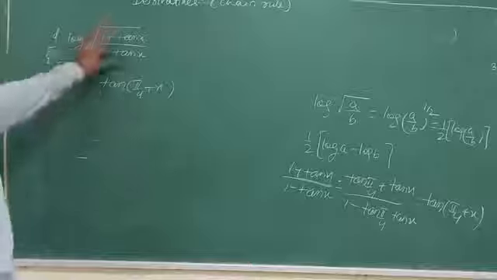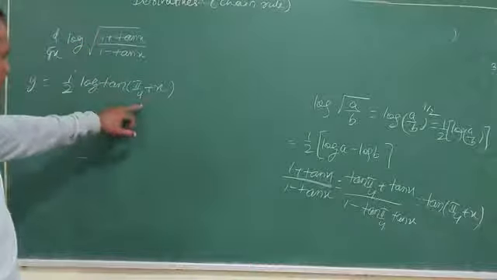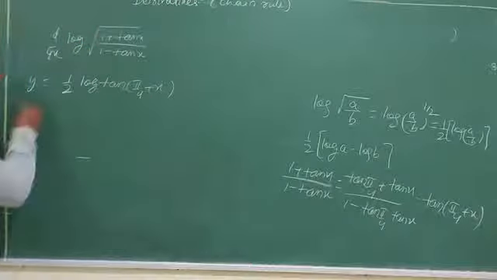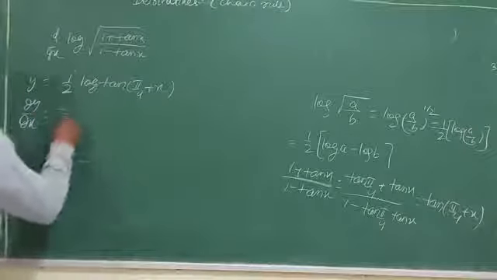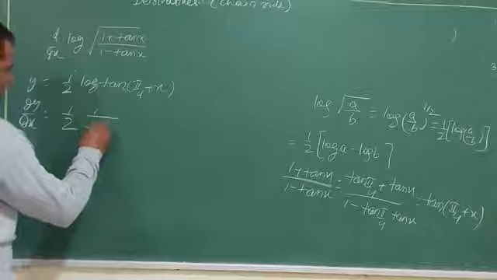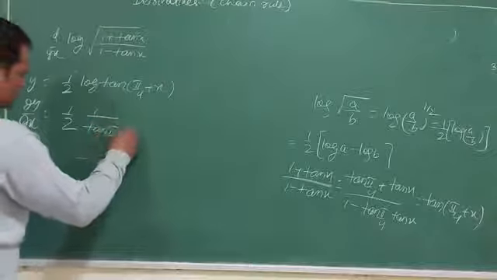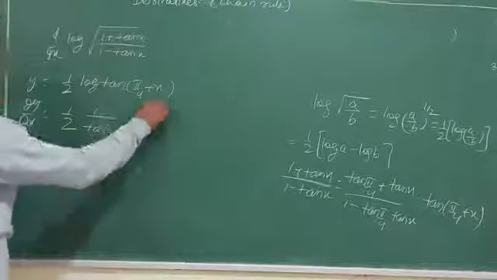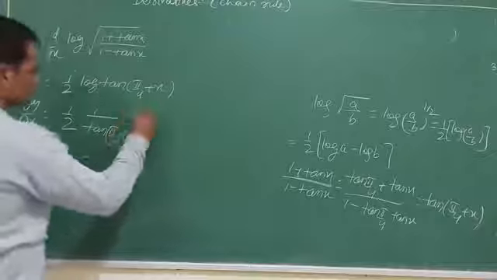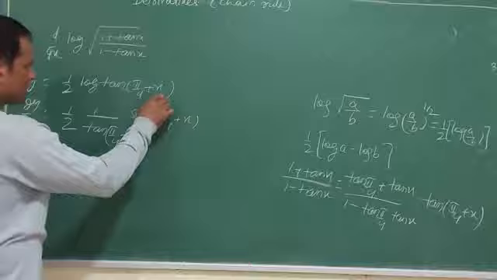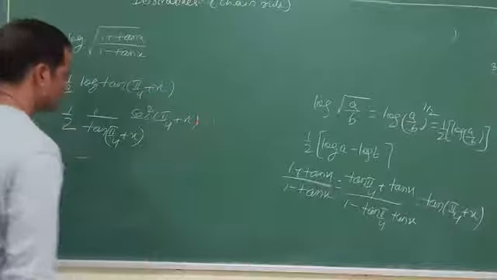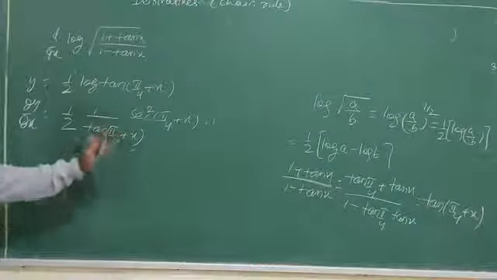First the square root has come out. Then this I created as this one. Derivative dy by dx, 1 by tan (pi by 4 plus x) into derivative of tan now, that is your sec square (pi by 4 plus x) into derivative of (pi by 4 plus x), that is equals to 1.